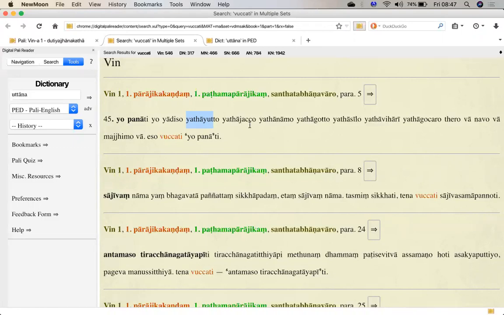So whoever or whatever who's, but how to say jitjo jati. So whoever comes from any kind of the birth or any kind of the lineage, yatanabo. So whoever named, and yatagodo, whoever lineage, yatasilo, whoever.